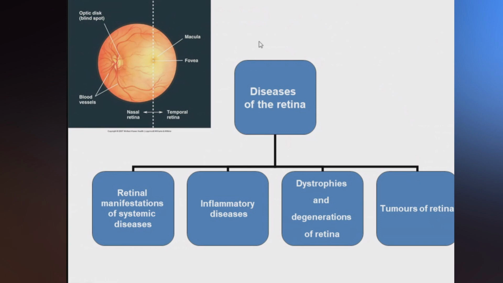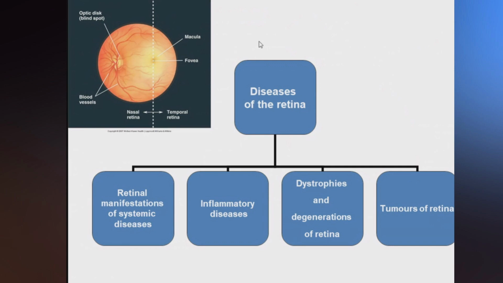Diseases of the retina we can divide into four big groups. Retinal manifestations of systemic diseases, like changes in the retina in the case of diabetes mellitus, arterial hypertension, renal diseases. But about these diseases, we will speak in other lectures when we discuss systemic changes of the eye in systemic diseases.